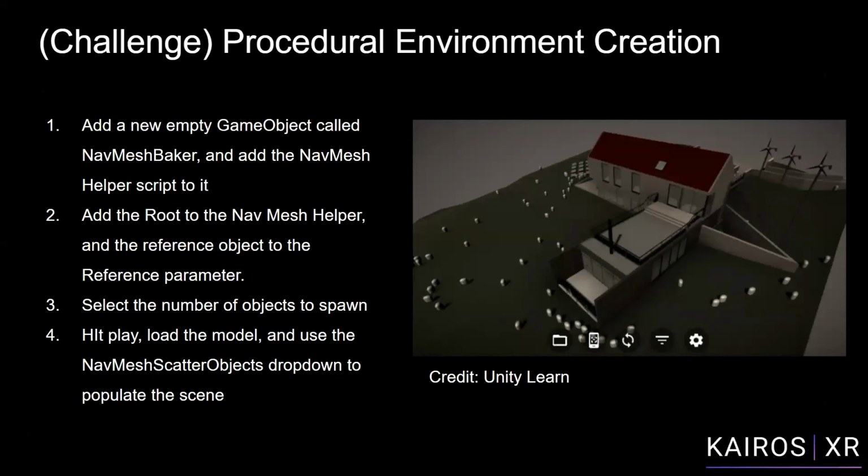But which tools within Reflect will enable this procedural creation? The hint here, as always, is on the side. So adding it to the root of the Reflect, you'll add something called the nav mesh helper. And then from there, you'll configure everything, including the humanoids. And then you'll hit play and populate the scene.